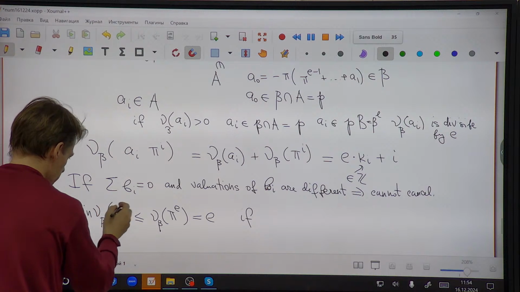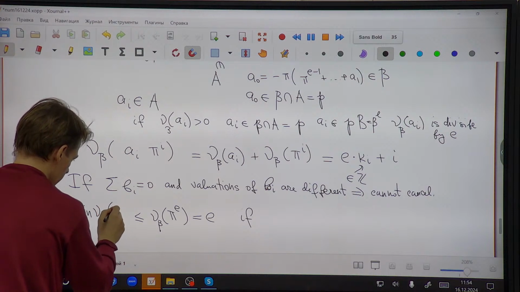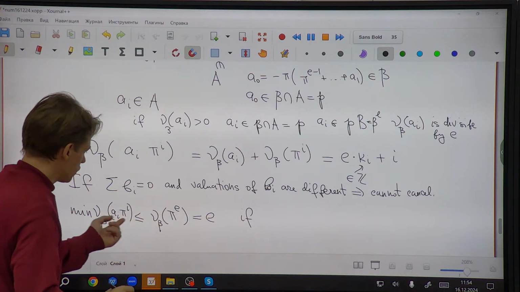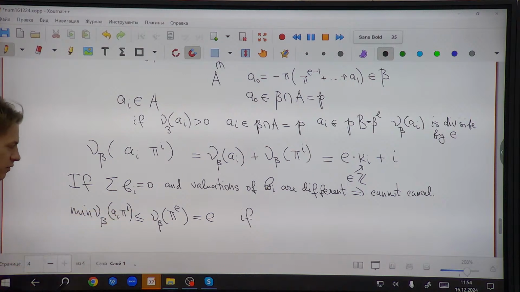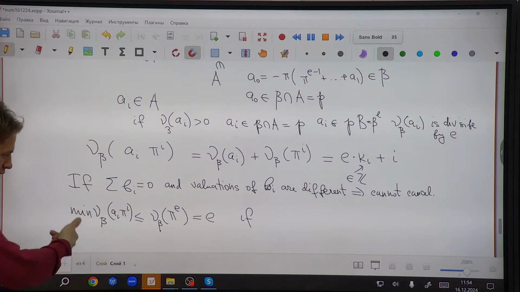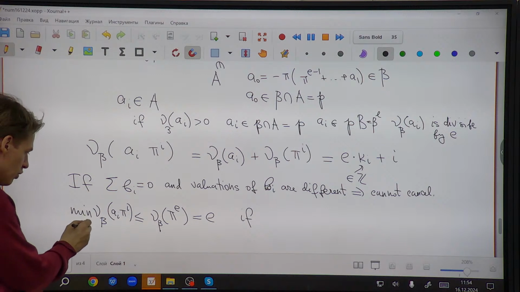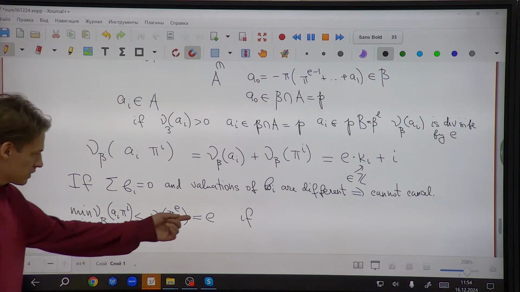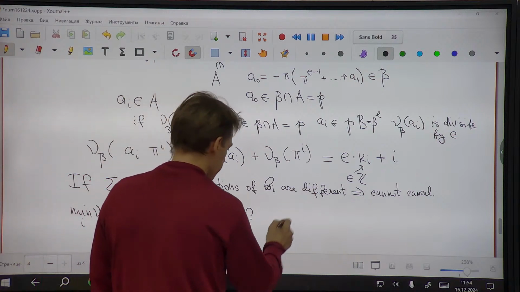If you take the minimal valuation of a_i pi, the minimum over all i, in particular i can be zero. So this is at least less than or equal to e.